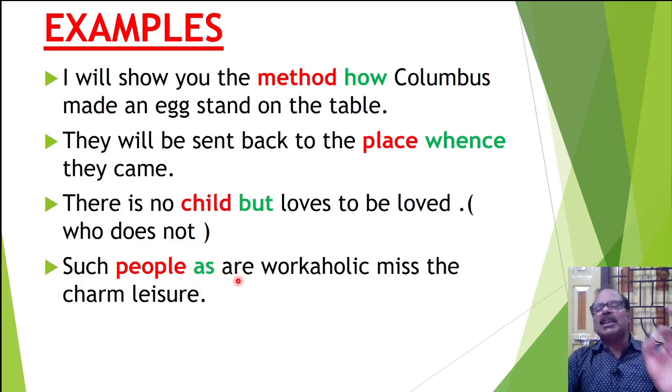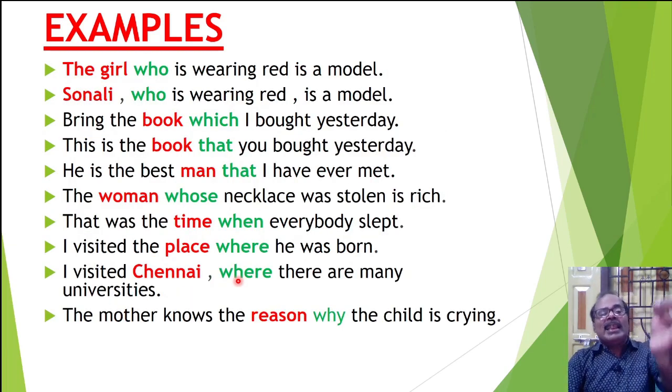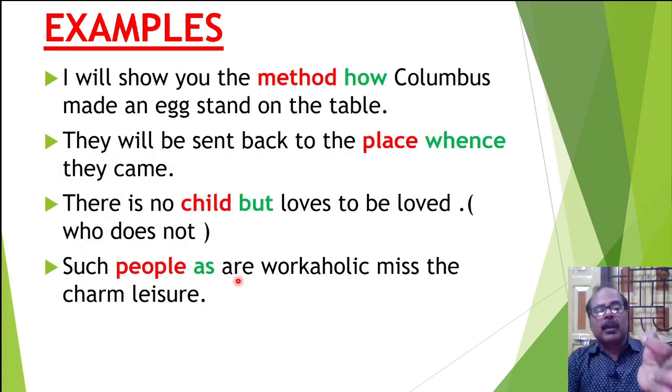So all these are the examples of relative clause or adjective clause, and in these examples you can find that the relative clause follows the antecedent, right after the noun or pronoun it qualifies. If it is not placed so, we can make an error, it will be wrong, and sometimes it will give a shocking meaning.